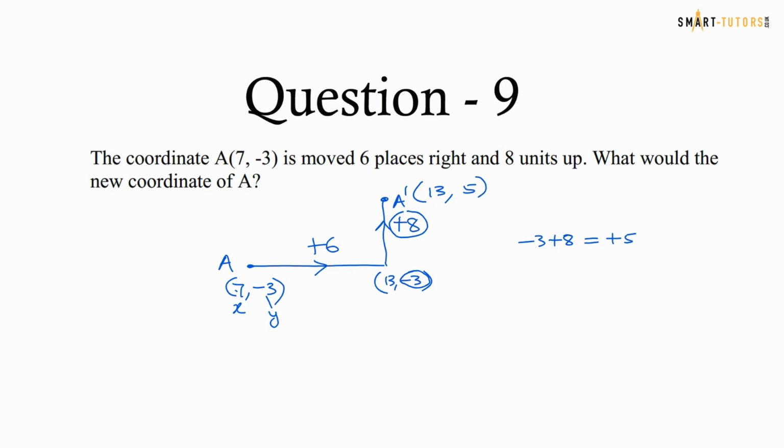The reason why 13, 5: the x coordinate 7 increased by 6, which is the right side movement, is 13, and the y coordinate increased by 8 because it's going upwards. So 13, comma 5 is the final answer for the question number 9.